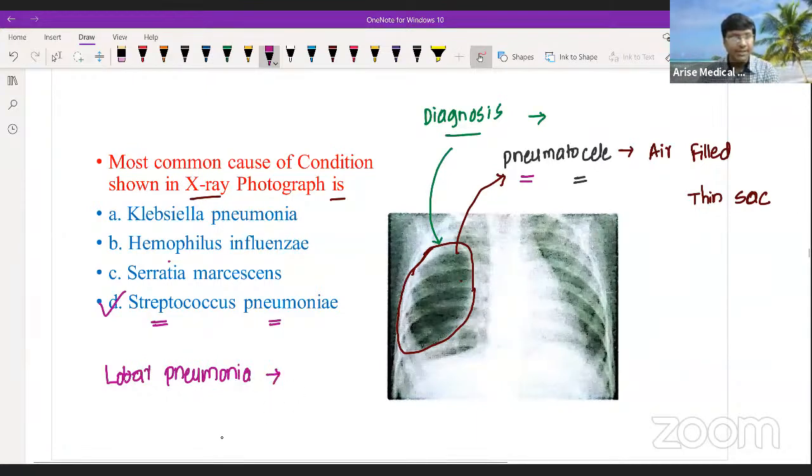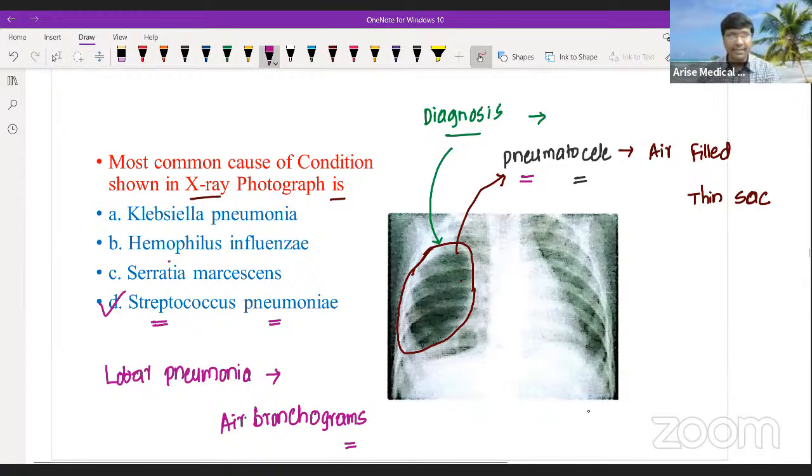Lobar pneumonia contains the presence of air bronchograms. That is what you will see in case of lobar pneumonia.